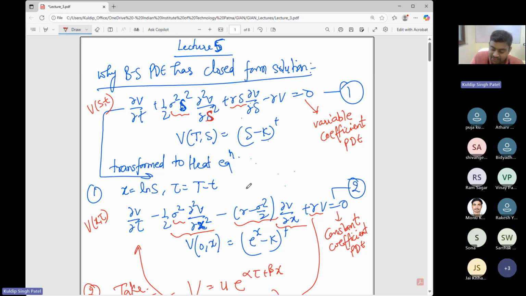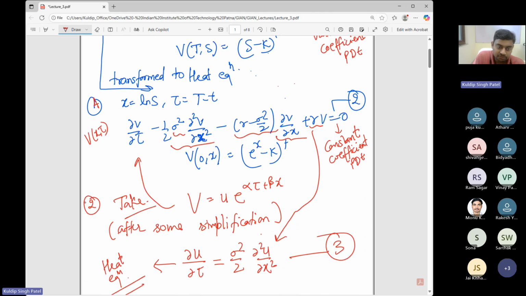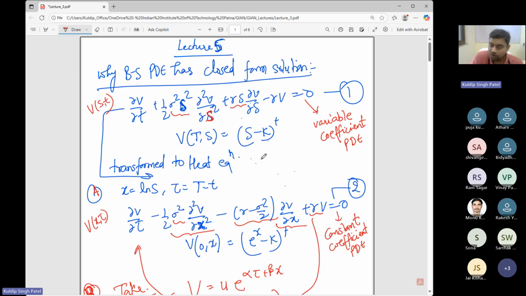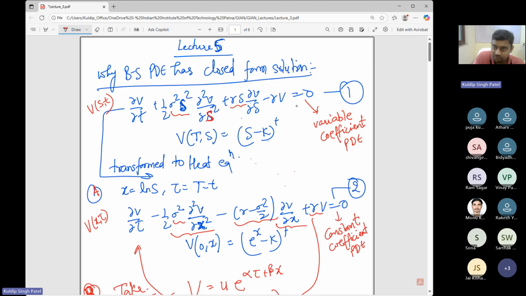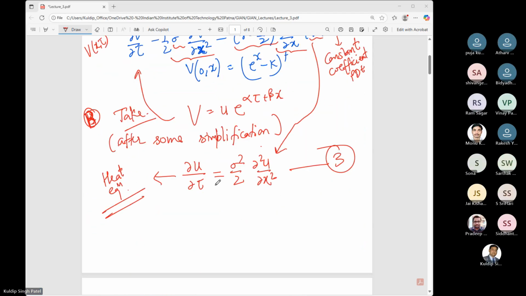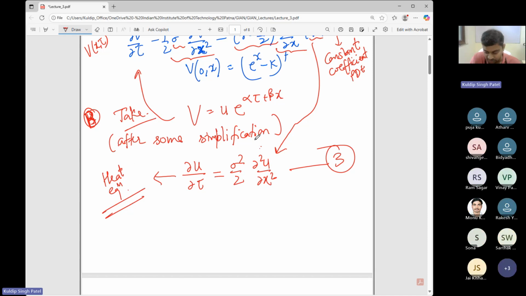But what I tried to give you is that Black and Scholes derived equation number 1, transformed it to equation number 2, then from 2 to 3, and then they obtained the heat equation, and they know the basic idea that, oh, heat equation, they can solve it. This is a Cauchy problem using the fundamental solution, etc.